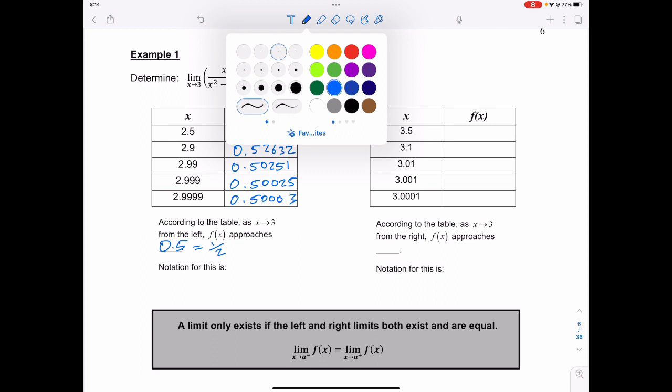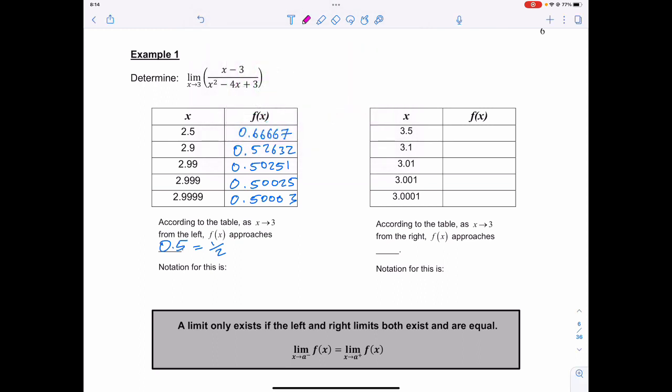If I am approaching from the right, so I go above 3, starting with 3.5, I get 0.4. At 3.1, I get 0.47619. At 3.01, 0.49751. 3.001 is going to be 0.49975.